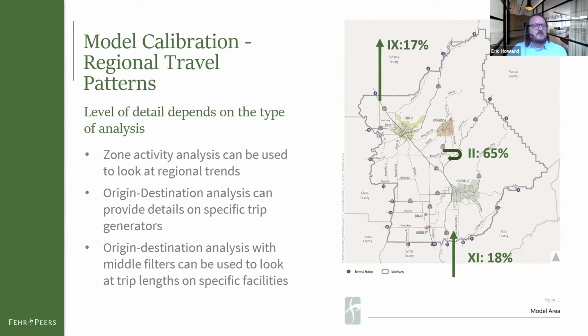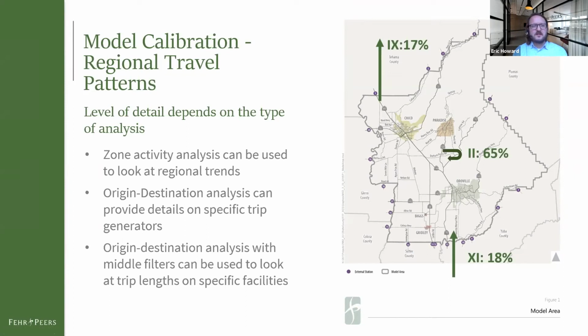And then the third thing that we used is the OD analysis that StreetLight provides with middle filters to evaluate all the travel entering and exiting at the different gateway locations throughout the model. So these purple dots on the map. That really is a way for us to capture an idea of the distribution as to where people are going when they leave those locations.